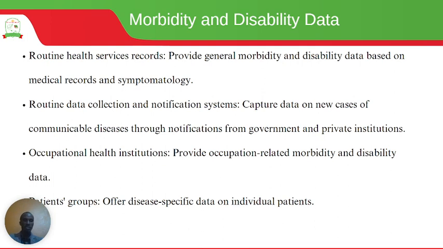For example, if you are in an HIV patient group, where you provide yourselves with social support on how to live with the virus, then such a group always has vital information that can be used to get this morbidity and disability data. So they offer this specific data on individual patients.